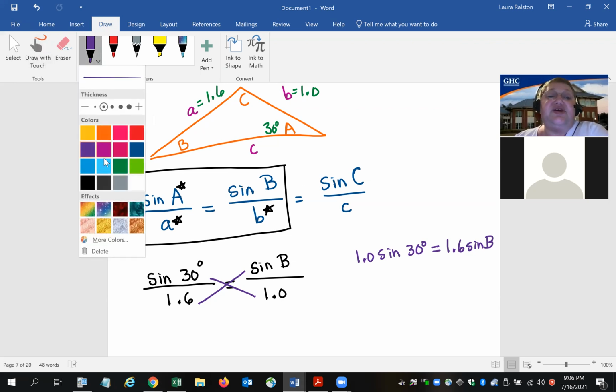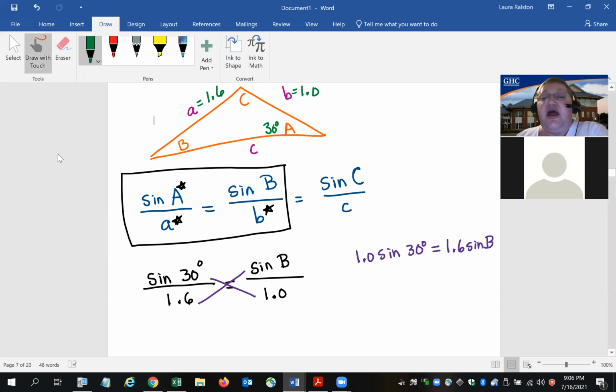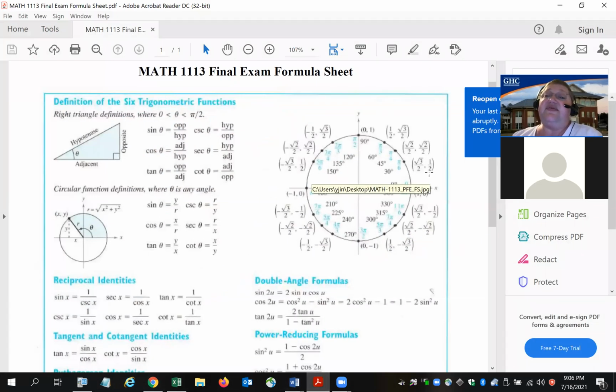Then I have to either use my calculator or, in this case, I can use my unit circle because 30 degrees is on my unit circle. If it's not, I'm just going to plug it into my calculator in degrees. Make sure you're in degree mode. But the sine of 30 degrees is 1/2.